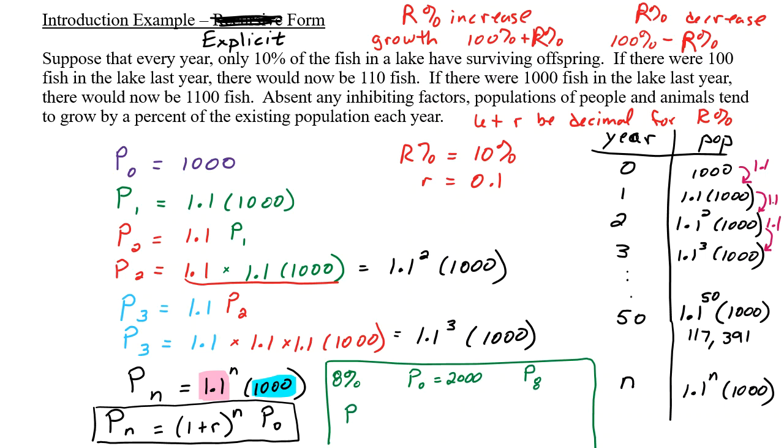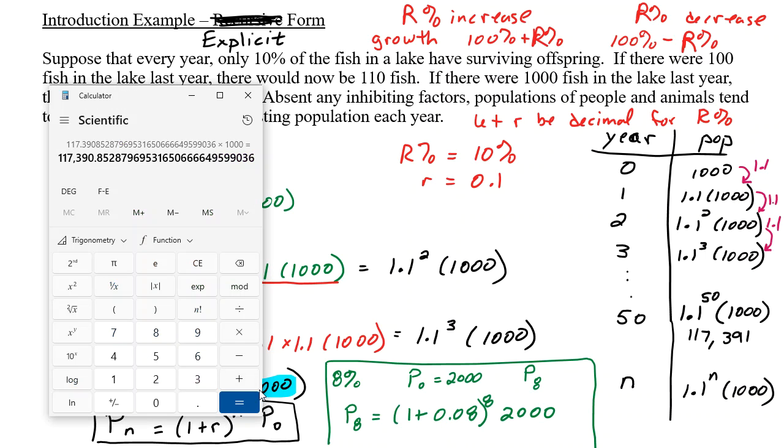Well, with this explicit formula now, I can say the population 8 years from now is 1 plus little r, which is 8% as a decimal, to the nth power, so to the 8th power. And I just picked 8% in year 8 just out of nowhere. Those don't have to be the same. And I can just punch this into my calculator and get a quick answer.